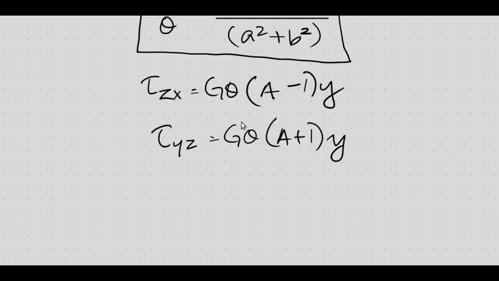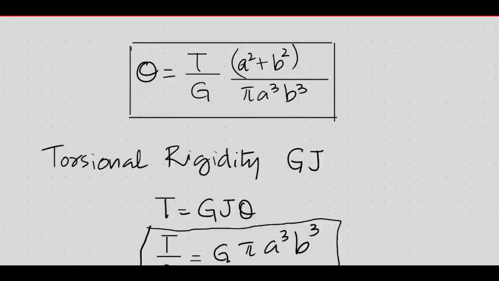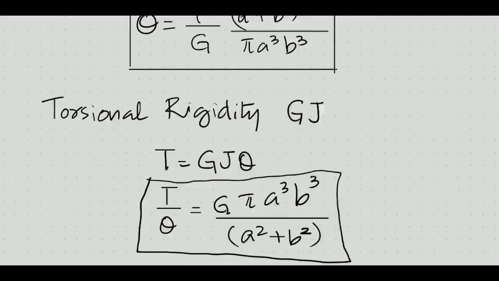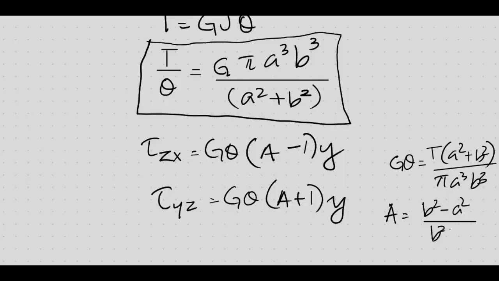Now we know the values of theta and a. The value of G theta can be obtained from here, that is T into (a square plus b square) divided by pi a cube b cube, and a is given as (b square minus a square) divided by (b square plus a square).